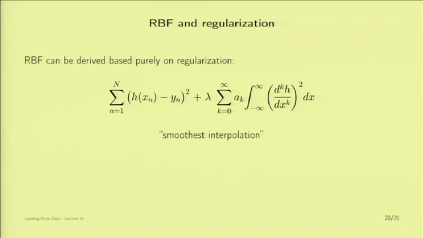It's not stunning that the best interpolation happens to be Gaussian. That's all we are saying. So it comes out, and that's what gives it more credibility as being inherently self-regularized and whatnot. And you get this is the smoothest interpolation, and that is one interpretation of radial basis functions.